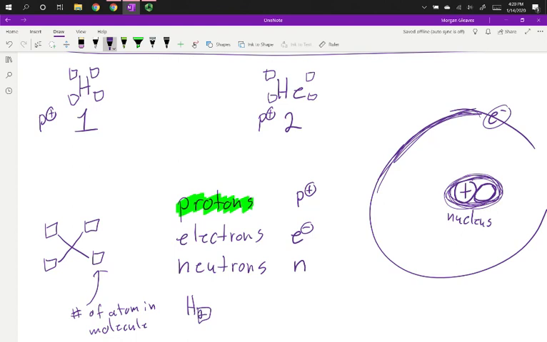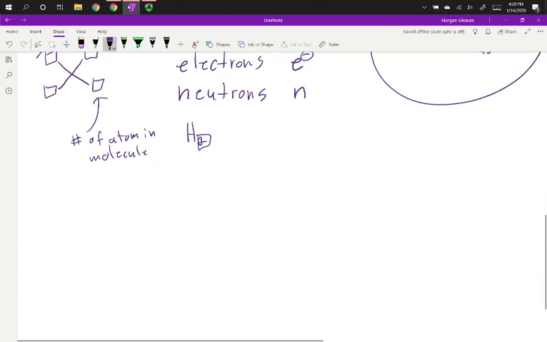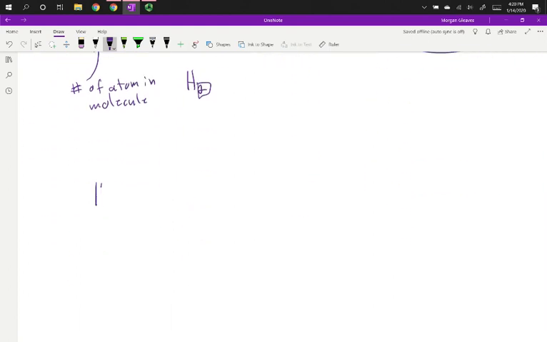What's important for electrons, neutrons, and protons are the top 2, though. The top left is the number of particles in the nucleus. Remember, only the protons and the neutrons show up in the nucleus. So if I have H1 and I have H2, well, let's think about drawing it.